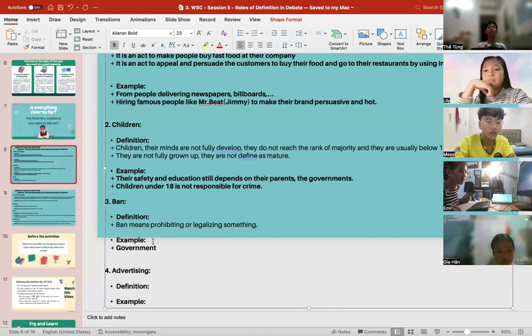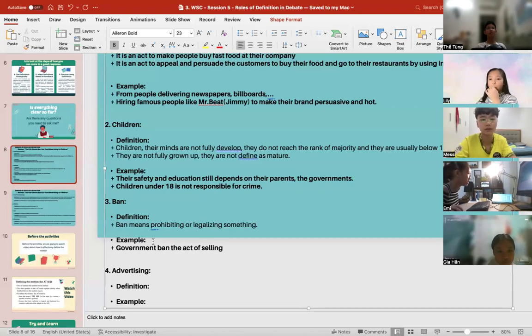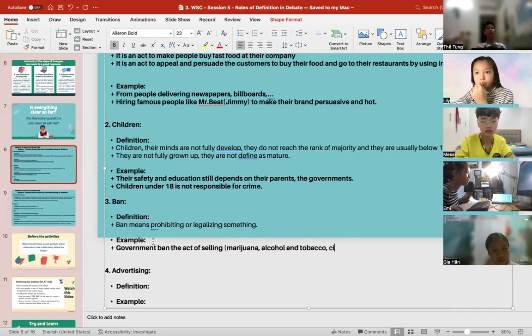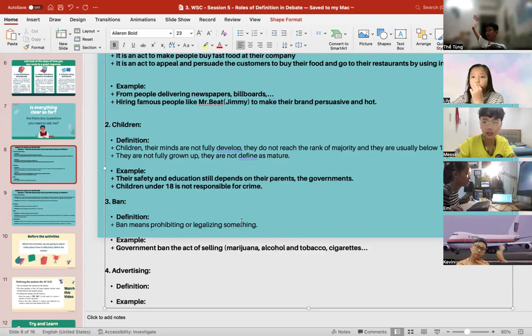So, government banned the act of selling marijuana, alcohol, and tobacco, cigarettes. Excellent. Okay, really good definition from Lily.